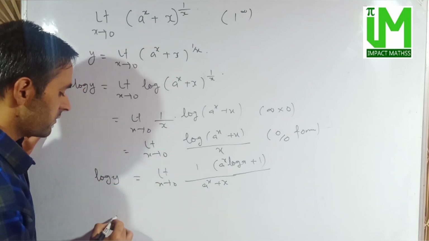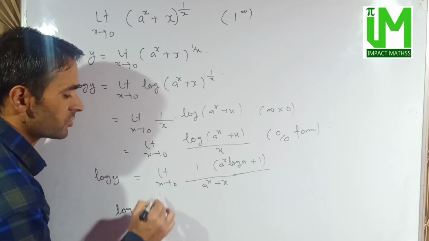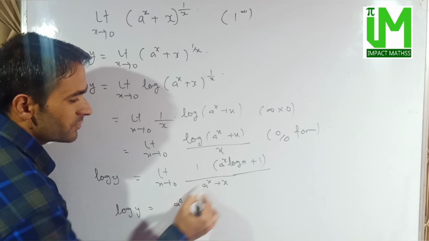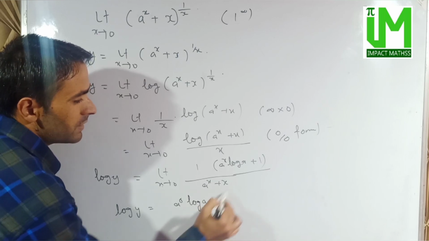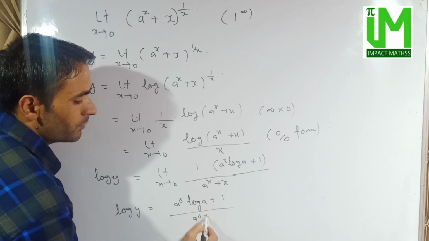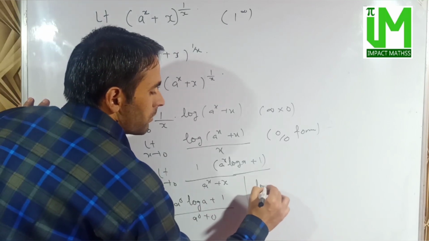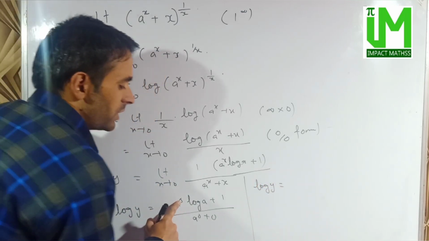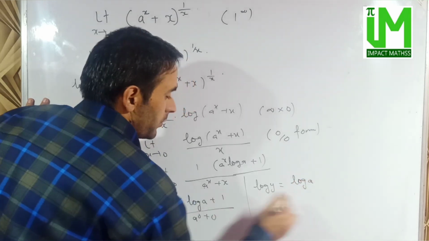Now the limiting value, we can use the limits. So when x approaches 0, it will be a raised to the power 0 log of a plus 1, divided by a raised to the power 0 plus 0, which means log of y is equal to, a raised to the power 0 is 1, so log of a plus 1.